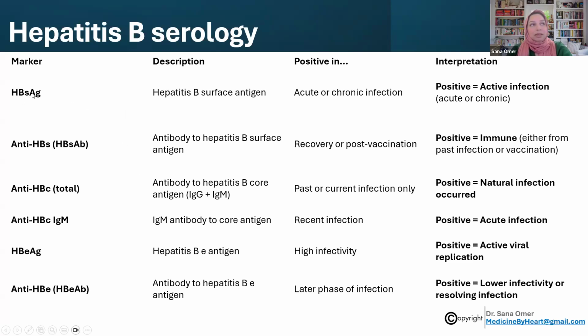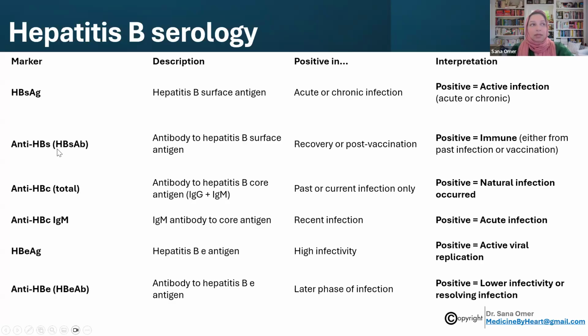Hepatitis B S antigen means that, due to any acute or chronic infection, the surface antigen is present on top of the cells. That means an active infection is going on at that time. That is your surface antigen.